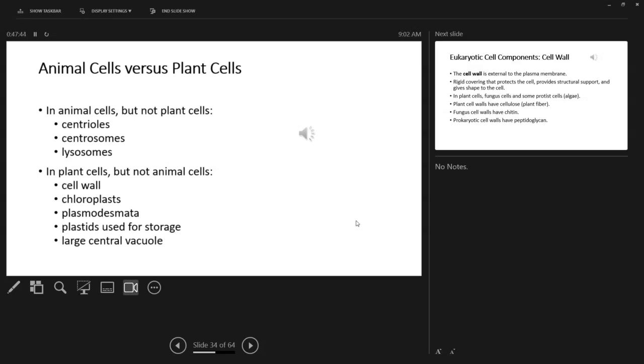Plasmodesmata, these are connections between neighboring cells in plants, like tunnels connecting two cells so that stuff like sugars can move from one cell into the other through these tunnels. The plastids and vacuoles are, again, sacs containing stuff that is stored in the plant.